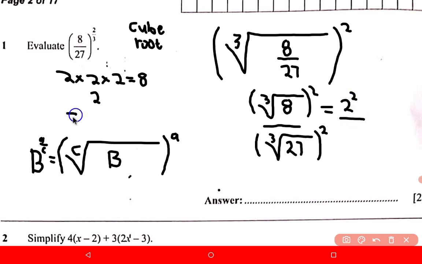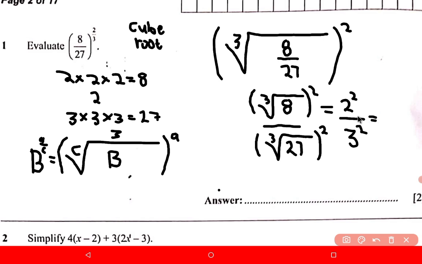It is actually 3. 3 multiplied by itself 3 times gives you 27. 3 by 3 is 9. 9 by 3 is 27. This means that the cube root of 27 is 3. So we say 3 raised to the power 2.